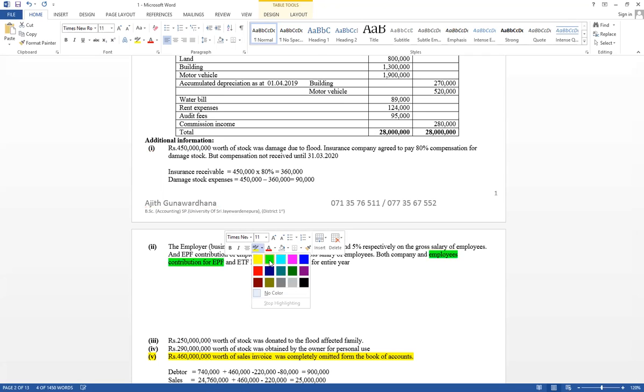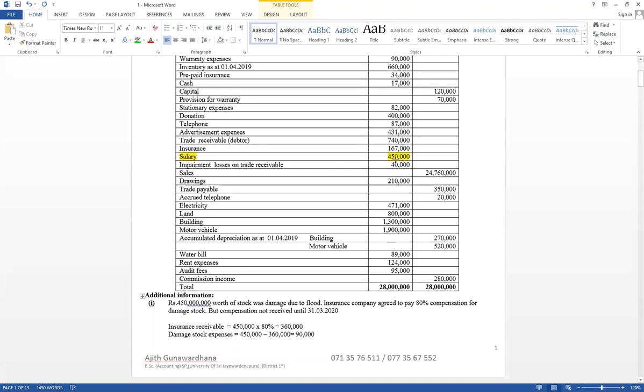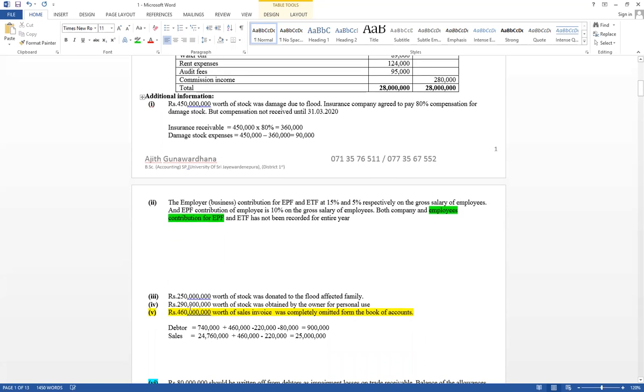If EPF contribution of employee has not been recorded, in this situation, if the trial balance has given gross salary, so net salary. Think about this part. How to decide? Contribution of employee for EPF, if it has not been recorded, the trial balance has given net salary.